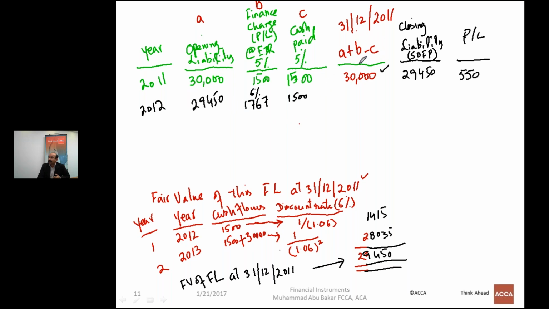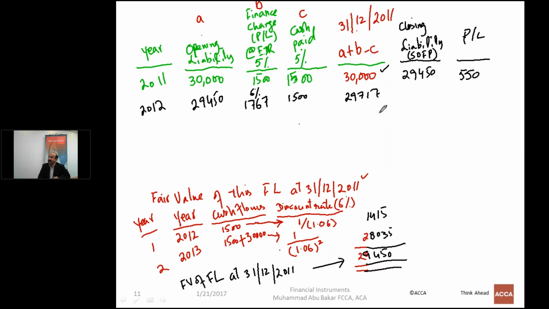Again, when we apply this formula, this will give us 29717. Let me check this. 29450 plus 1767 minus 1500 is 29717.